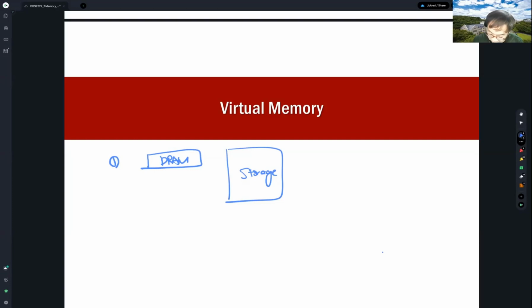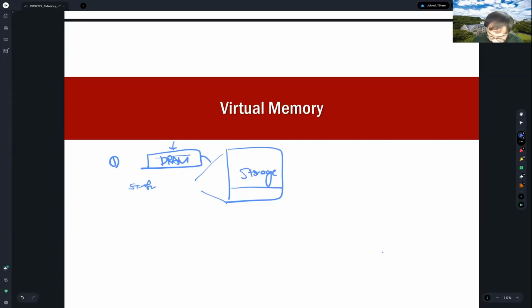So to the software, the computer system provides a very large memory space, but this memory space is actually located on the storage. But the frequently accessed data can be stored in the RAM.